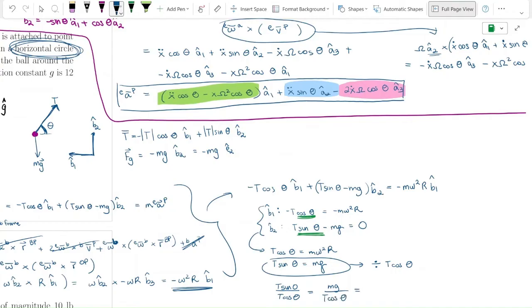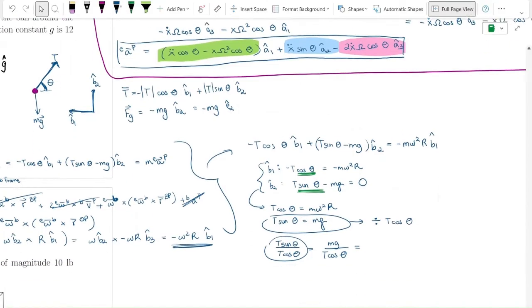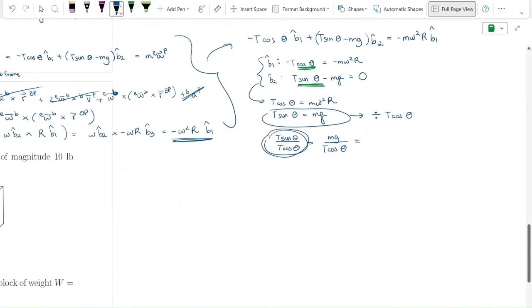So this becomes tangent of theta. We didn't really need to know what tension was after all.